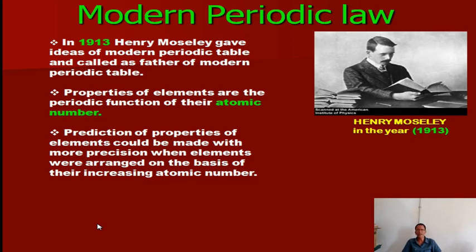Atomic number indicates the number of electrons present in the atom. That's why he selected atomic number. Some physical and chemical properties of elements are also based on the electronic configuration of elements in the atom. That's why he had taken atomic number as the periodic property of the elements.